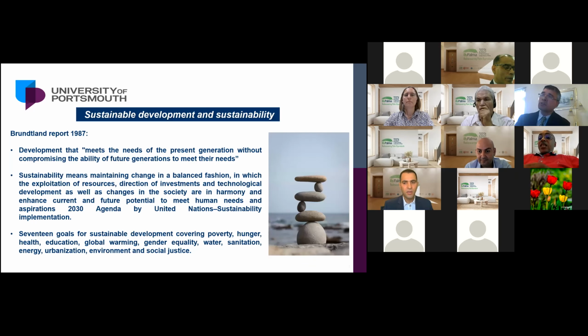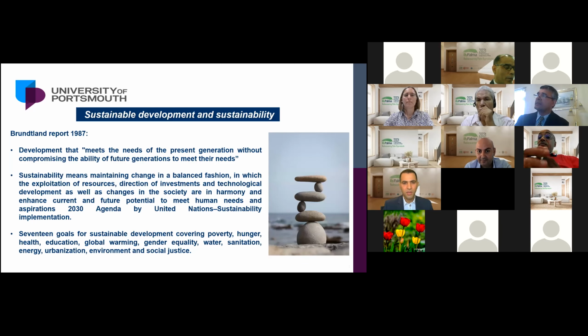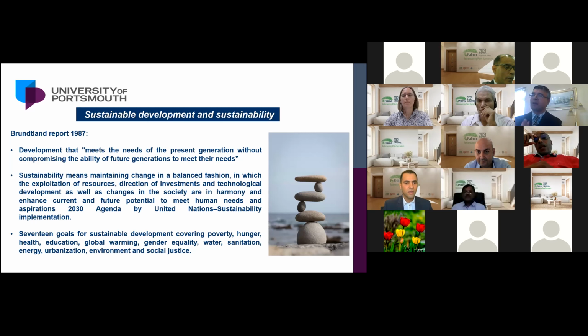If we talk about sustainability and sustainable development, I'm trying to link our material research into sustainability. That is my point here. Sustainable development is development that meets the needs of the present generation without compromising the ability of future generations to meet their needs. That is the very key definition. Sustainability means we need to have resources that we use in a way that they are left for our future generations.